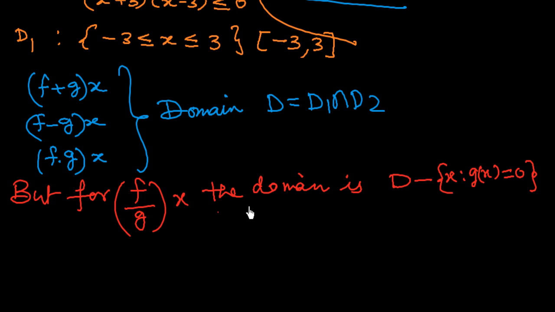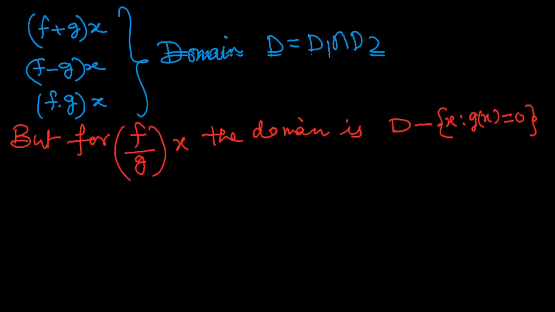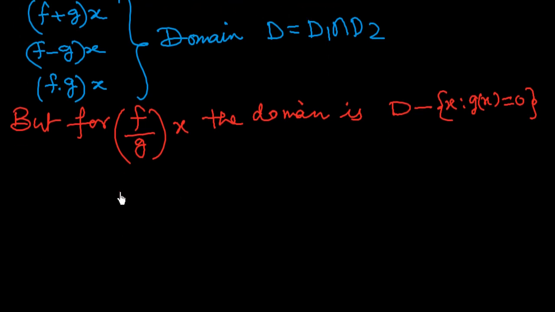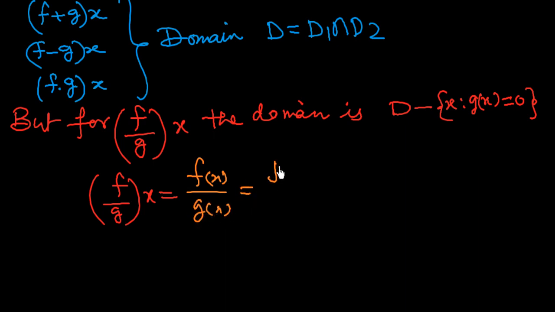So first of all, we see here we have the function f over g of x, where f of x is 9 minus x square and g of x is 1 over 2 sine x.